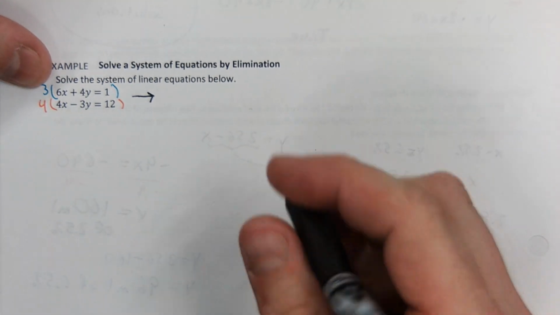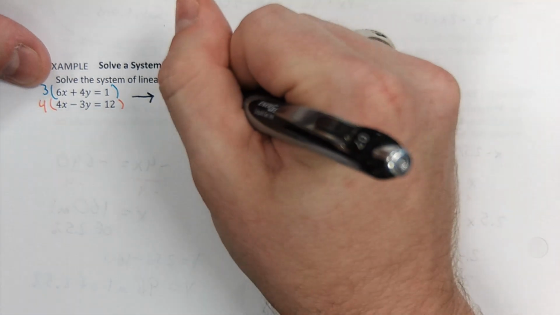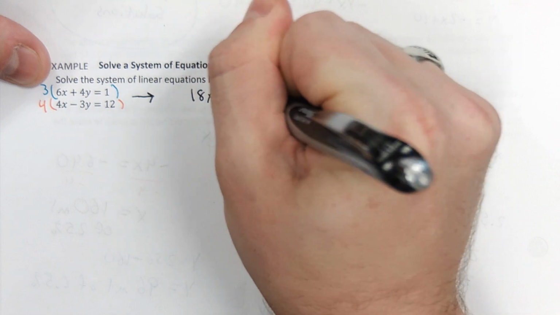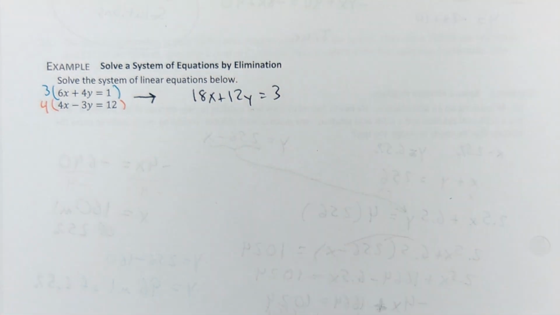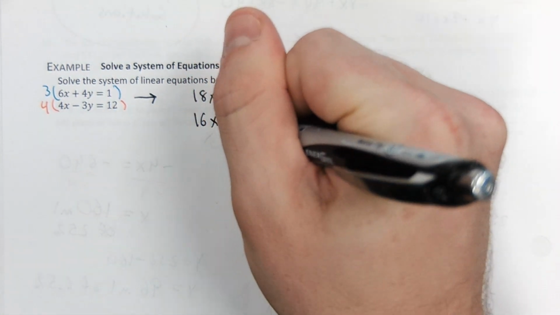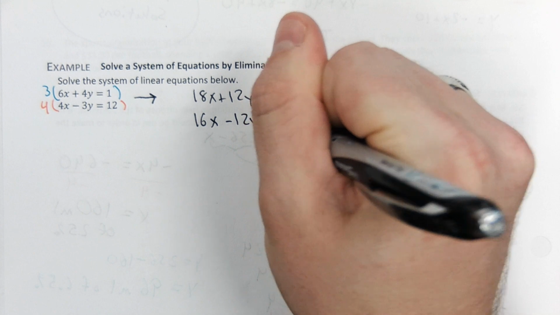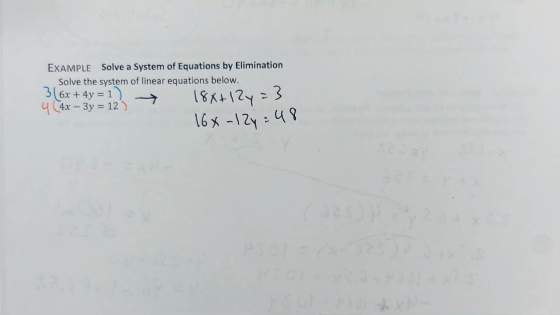Distribute the 3 across the top here, and what you get is 18x plus 12y equals 3. Distribute a 4 across the bottom, you'll get 16x minus 12y equals 48. My y's match. One of them is positive 12, the other is negative 12.